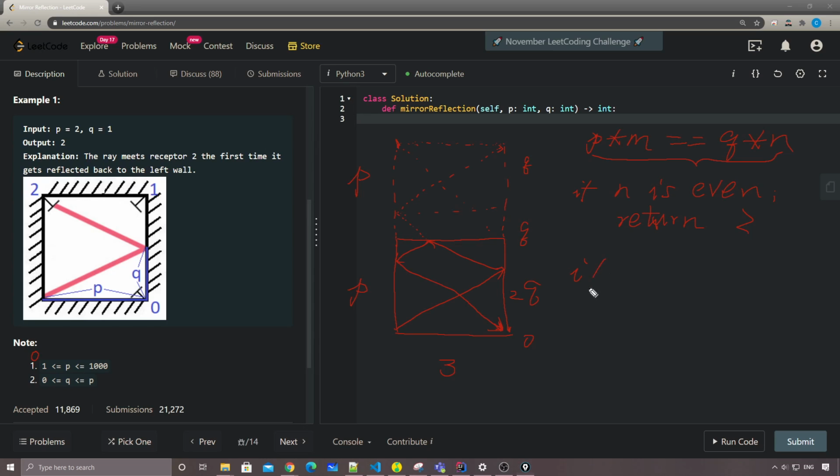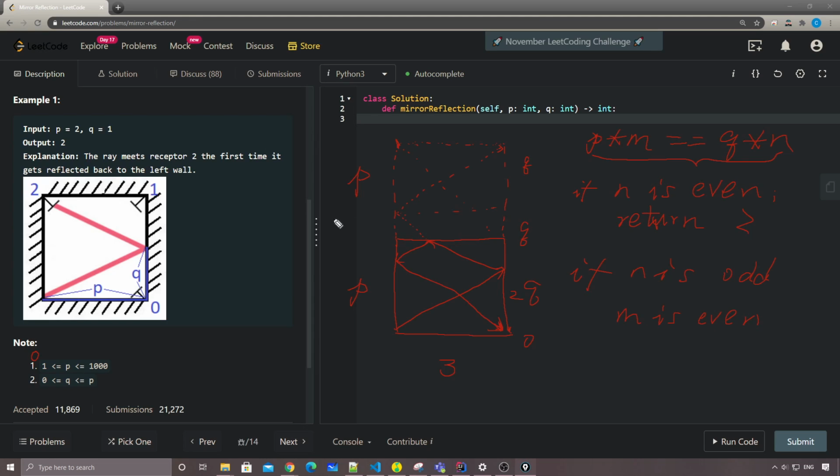Else, if n is odd, based on how many q's we have, we know it may reach receptor 0 or 1, because in this case, the ones we're drawing here, the m is even.